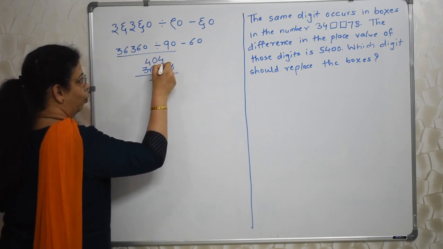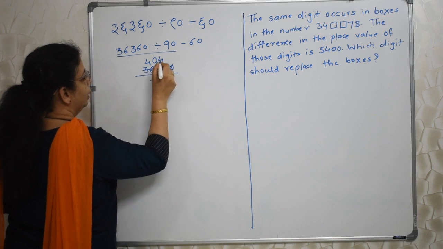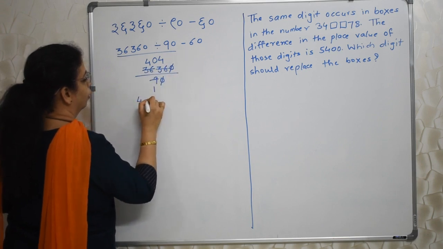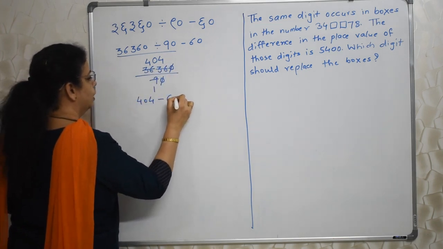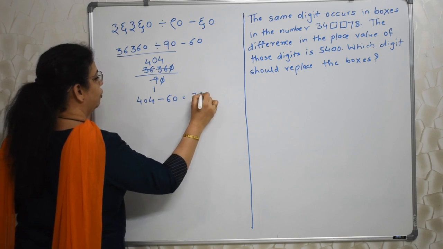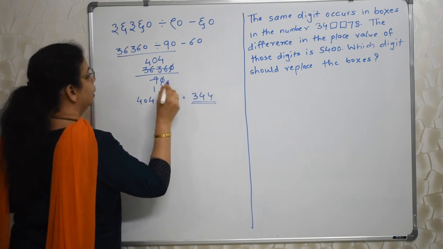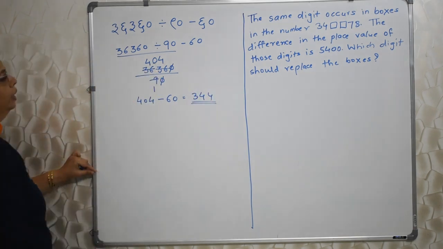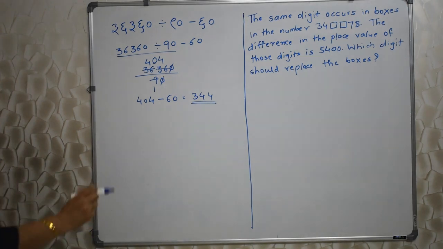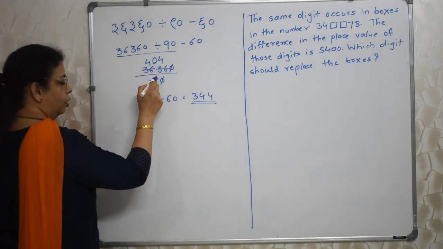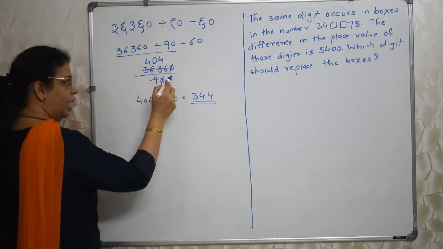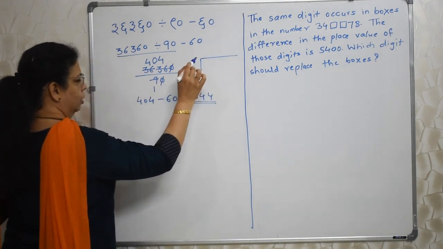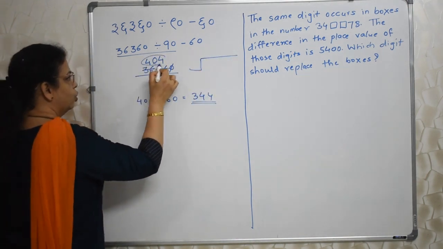And then 4. Okay. So ultimately the answer is 404. Now you do 60 minus. So that is 344. This 0 will decide whether you will get 2 marks or no. If you are not comfortable, division ऐसा करने में confidence नहीं है तो you can do normal division. But your answer has to be 404.